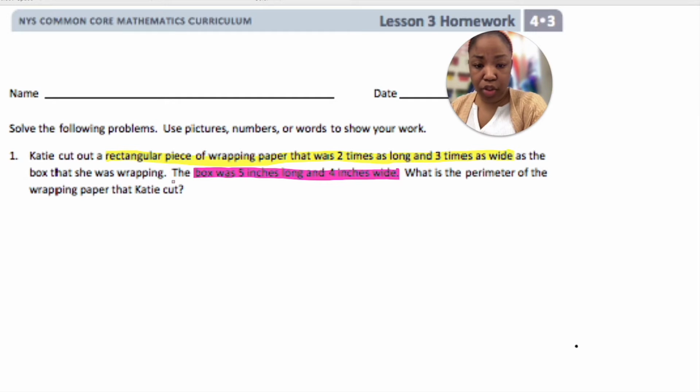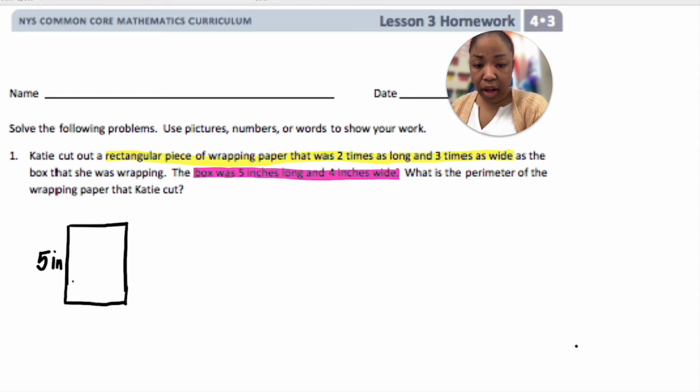So we have 2 different things that we need to model here. So I'm going to start with the box because we know what the box is. Okay, they tell us that it's 5 inches long, so I'm going to put 5 inches for the length.